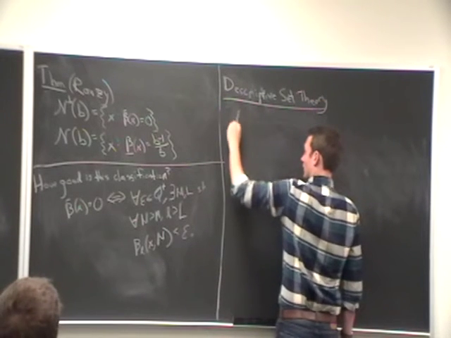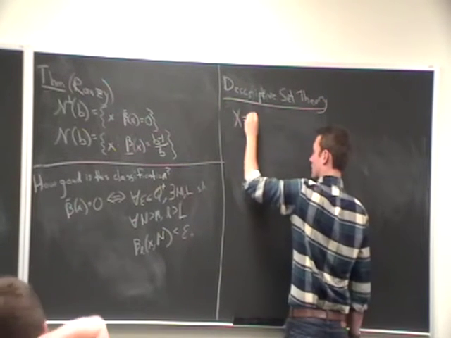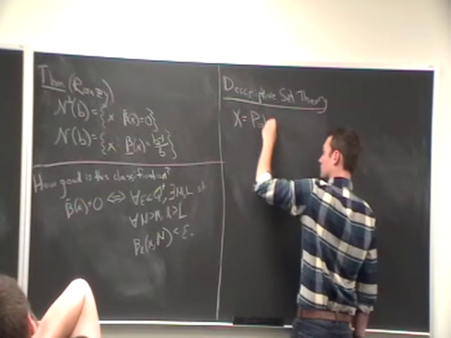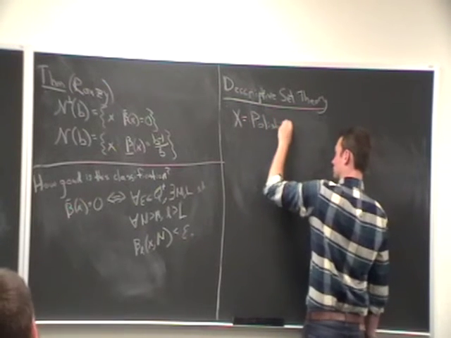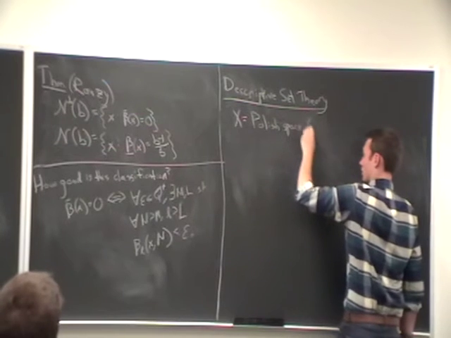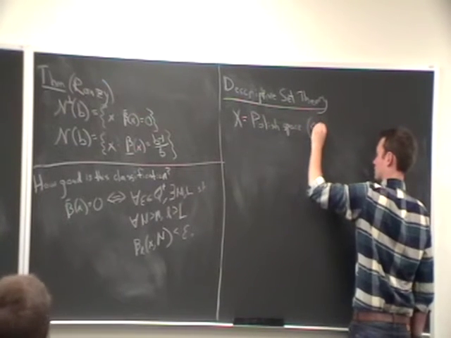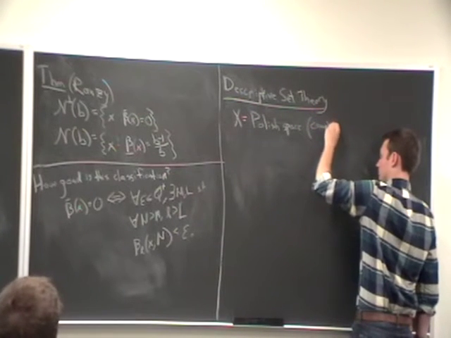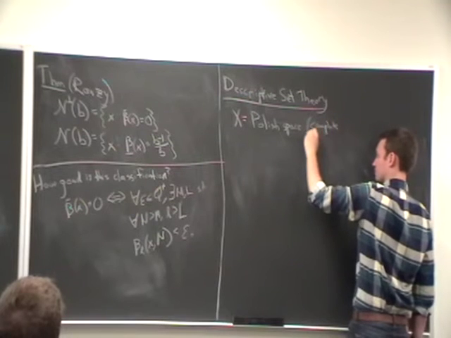So to start, let X be a Polish space. In other words, it's complete and separable.